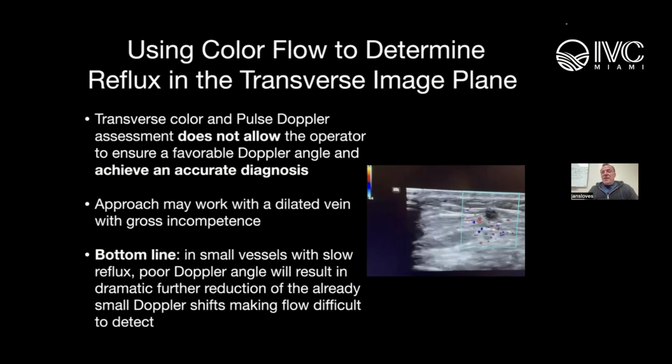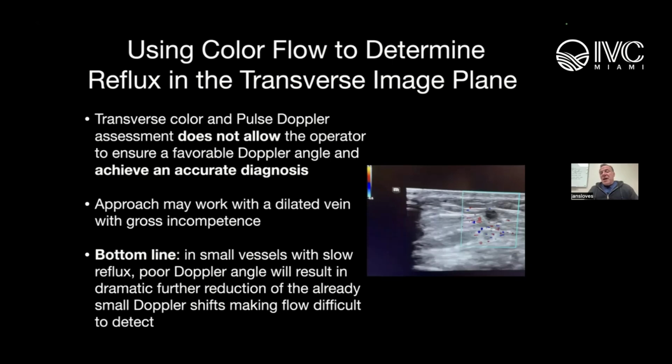And the approach may work in a grossly dilated vein with gross incompetence, it may. I think the bottom line is, in the smaller vessels with very slow reflux, poor Doppler angle is going to result in a dramatic further reduction of the already small Doppler shifts, making flow difficult to detect.